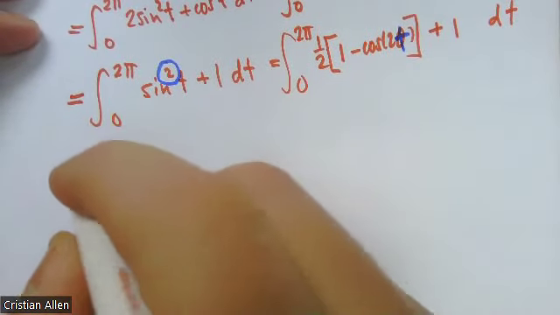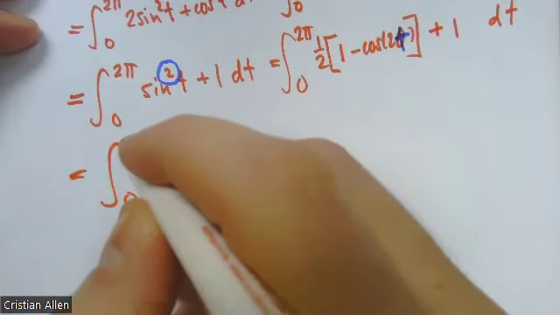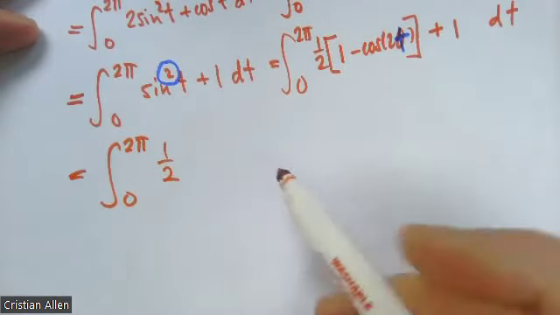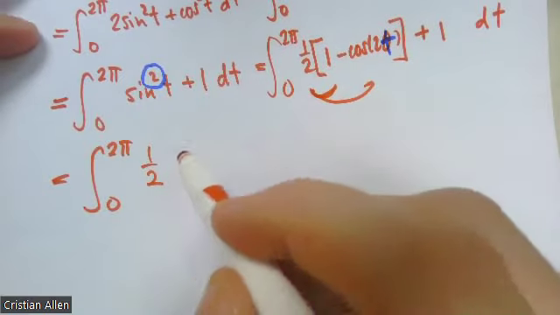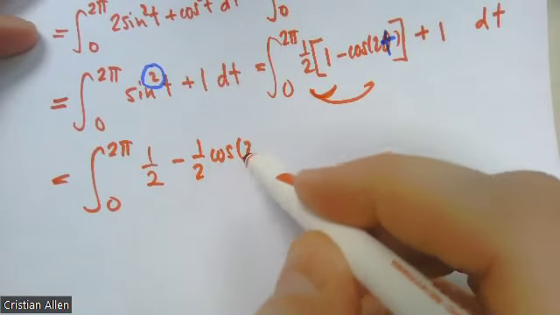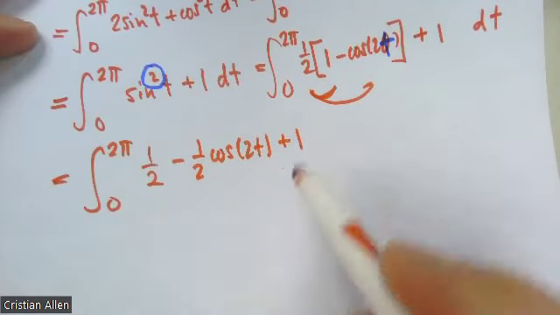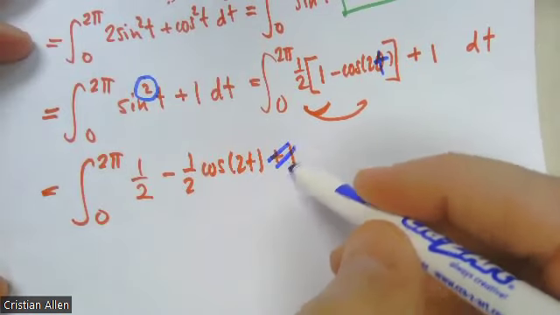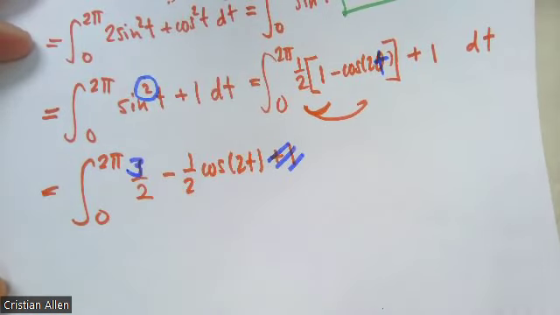Okay, so continuing here, we just distribute this all out. We have a 1/2, we have a 1/2 cosine 2t, and we have a 1. The 1 and the 1/2, let's call that 3/2.